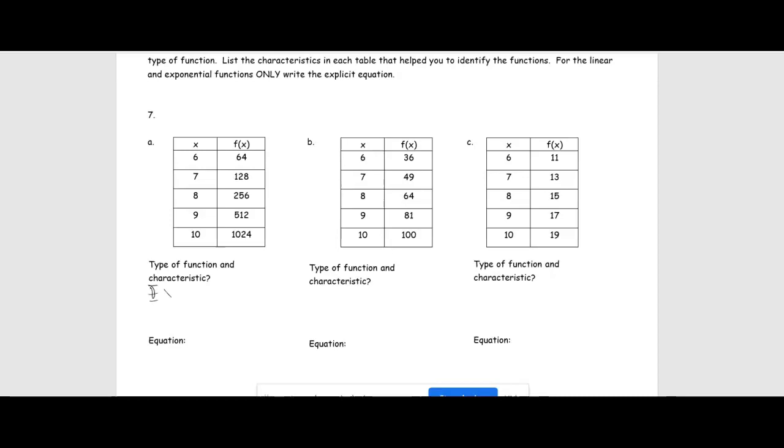Good. She said it's exponential because we are multiplying by 2 the whole way down. So times 2, times 2, times 2, and then times 2. All right, good. We'll get the equation in a second.